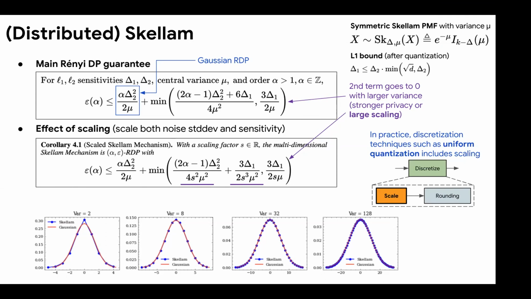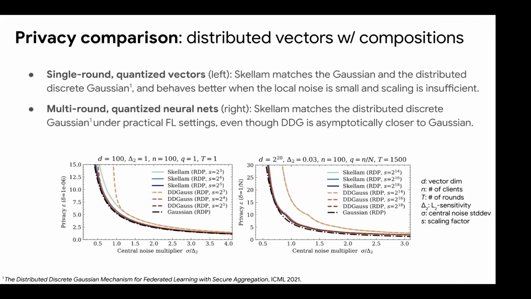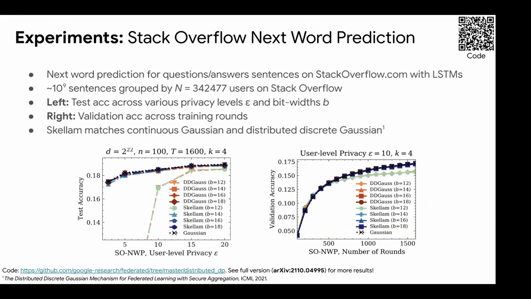However, as Ken showed on one of the slides, when the bit width is low, say 12 bits or less, we are not close to the continuous Gaussian mechanism. This approach does very poorly. As you can see on the slide on the left figure, for 12 bits, the orange and the light green curves indicate that neither the discrete Gaussian nor the Skellam are coming close to the continuous Gaussian.